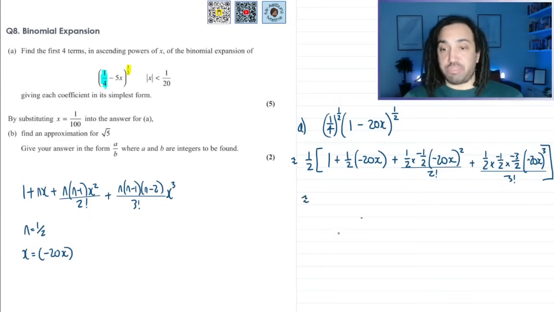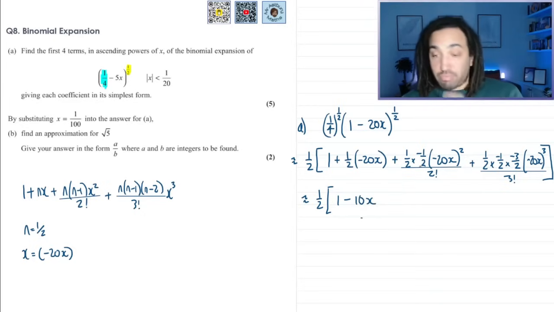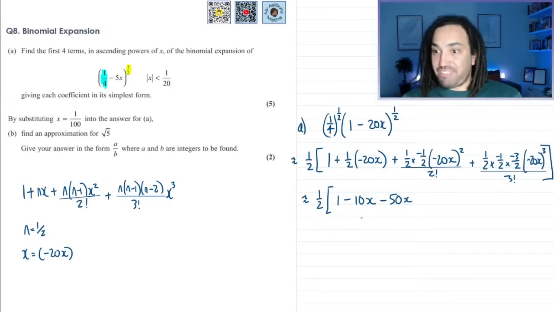Okay, so we just need to simplify this all now, so I'm just going to keep the half outside. This becomes 1, and that becomes minus 10x. This becomes 400 over 8, which is 50, and it'll be a negative because there's one negative here. So it's negative 50x. And this will be 8,000 over, the 3's will cancel, over 16.